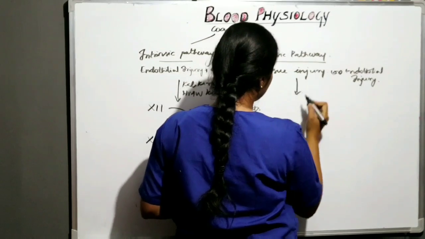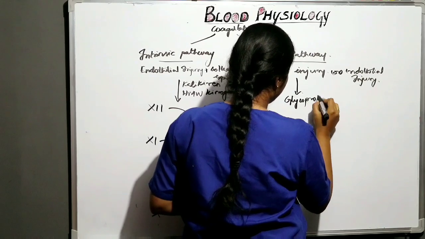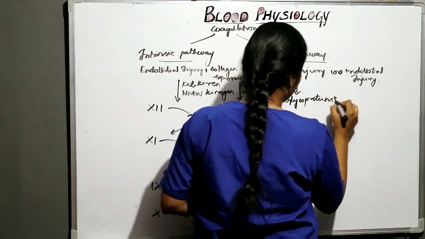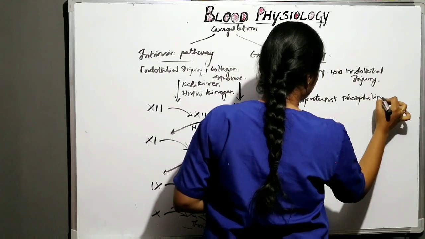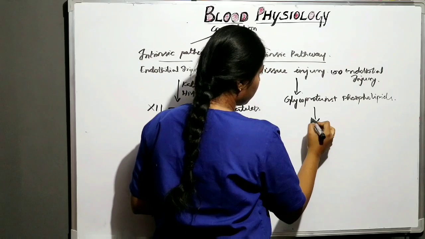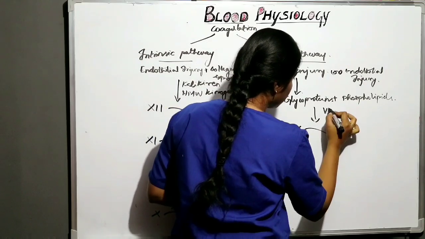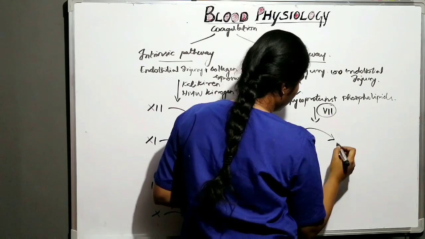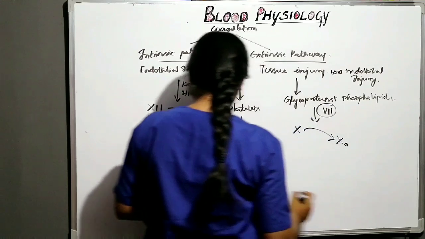Then in case of tissue injury, first glycoproteins and phospholipids are activated, then in the presence of factor 7 it is converted into 10A.